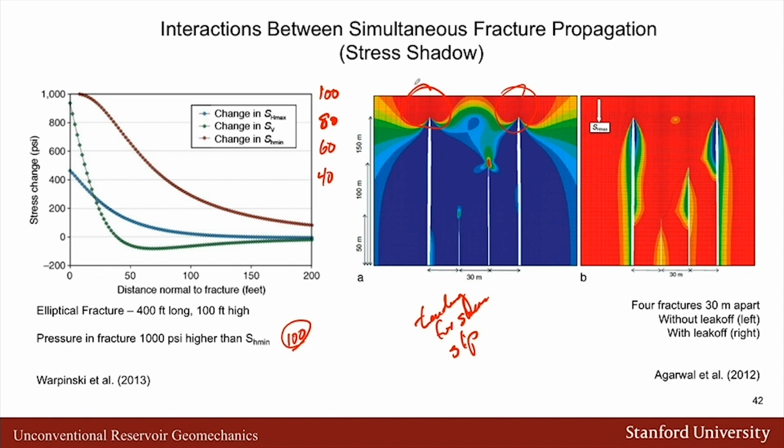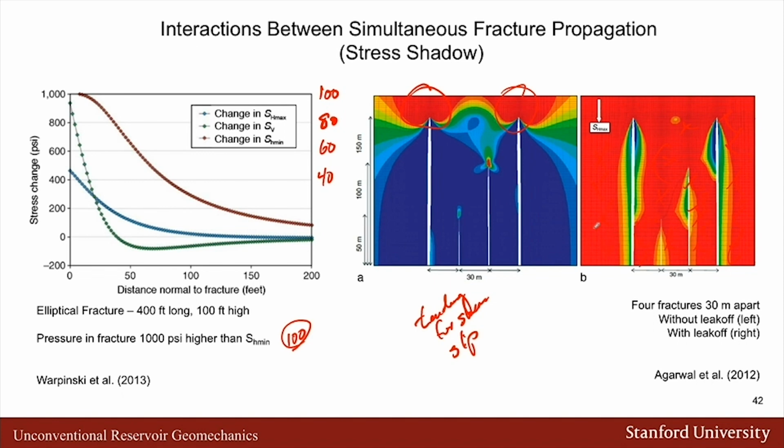On the right, they're showing if you allow leak off, every place that's red, you would tend to get shear slip. So you're, in fact, inducing shear slip, well, I'm writing with a red pen on a red background, but you get the idea. You're inducing shear slip in this cloud surrounding the hydraulic fractures.